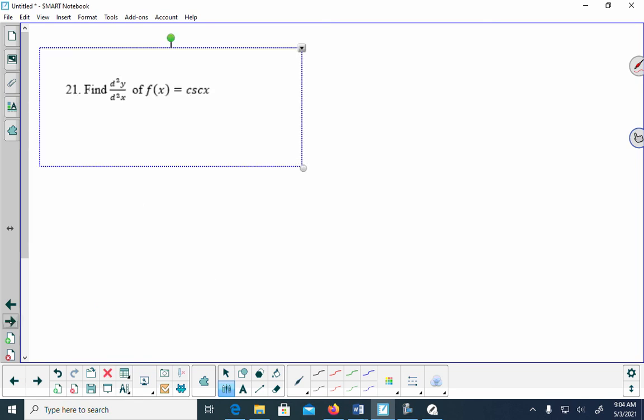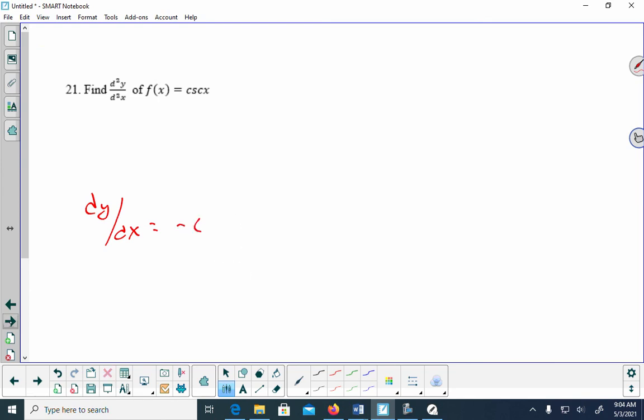So now I'm going to do the same thing. I'm going to find the first derivative. So the first derivative of cosecant is going to be negative cosecant x, negative cotangent x. Now to find the second derivative, I'm going to have to find the derivative of this, which means I'm going to have to use the product rule, and I'm going to have to be very patient.